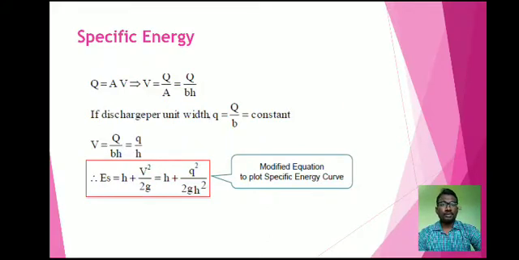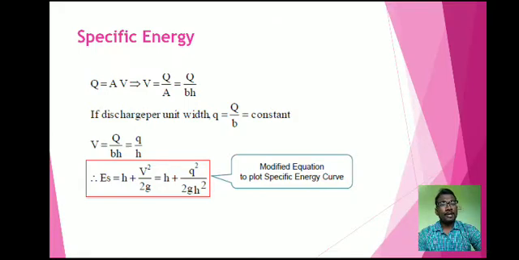And we know the formula for discharge Q equals AV, and also we know the discharge per unit width, small q, equals capital Q divided by B, which should be a constant.